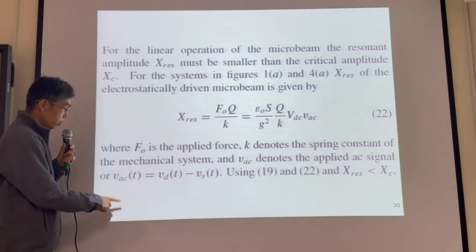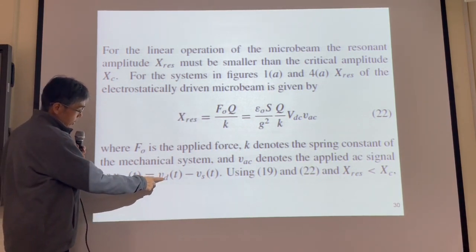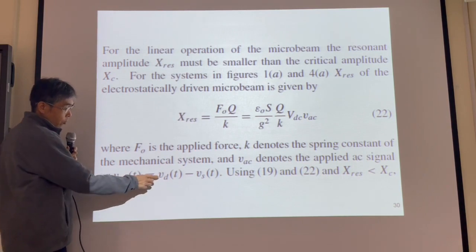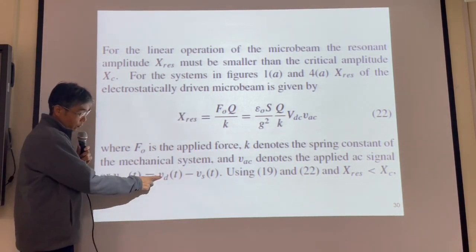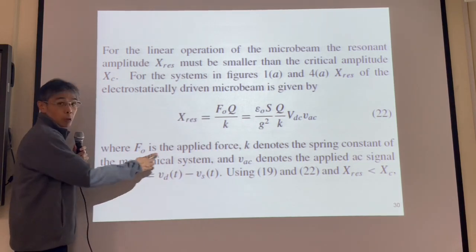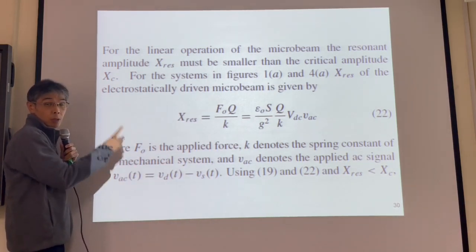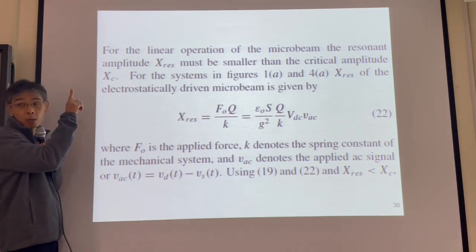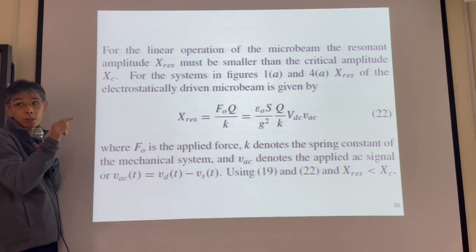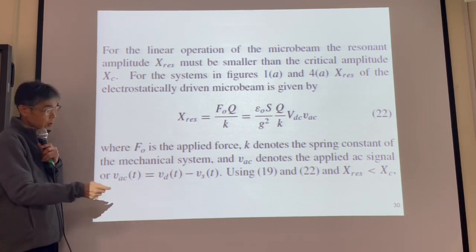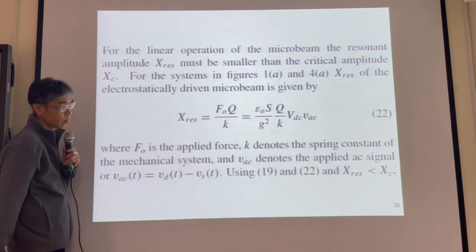Then VAC equals VD minus VS, because V equals VD minus VS. This is the small signal model. AC is a small signal. So in equations 14, 15, V is a small signal.